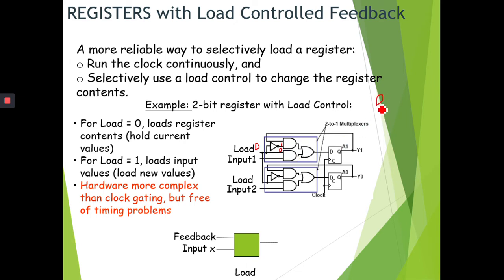For the AND gate, when the inputs are 0 0, the output is 0. When the inputs are 0 1, the output is 0. When 1 0, the output is 0. And when 1 1, the output is 1. As long as there's one input at 0, the output will always be 0. So in this case input 1 will be neglected. It continuously feeds the output from the flip-flop back into the circuit, so it remains the same value.